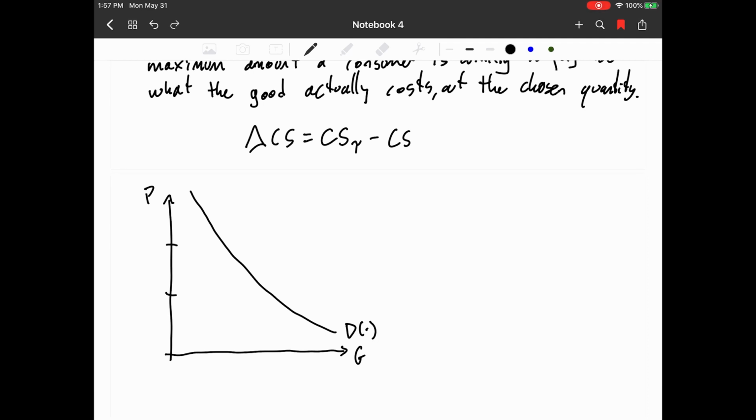And we have two prices, price before, which is PG, and the price after, which is PG plus tau. So our consumer surplus is, again, going to be the area to the left of this curve. The change in consumer surplus is the area to the left of this curve.